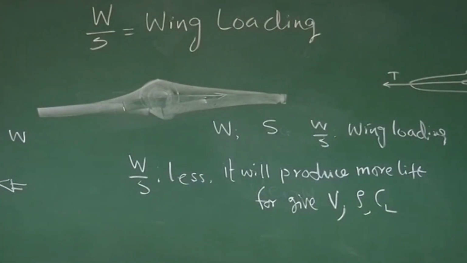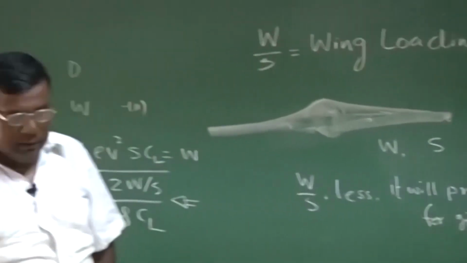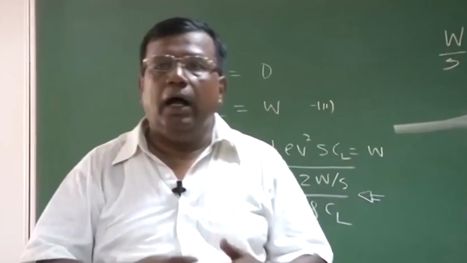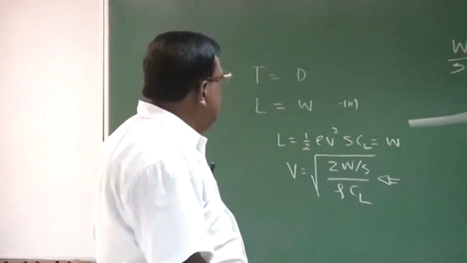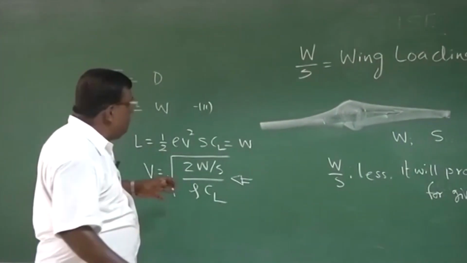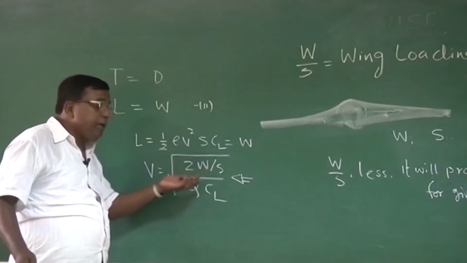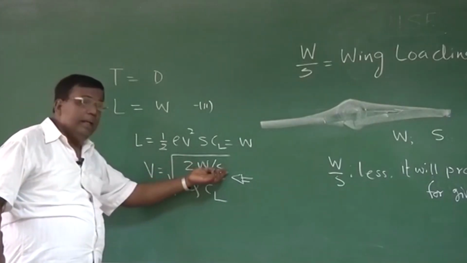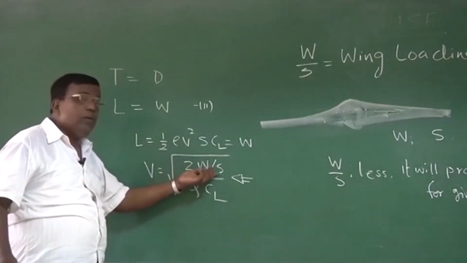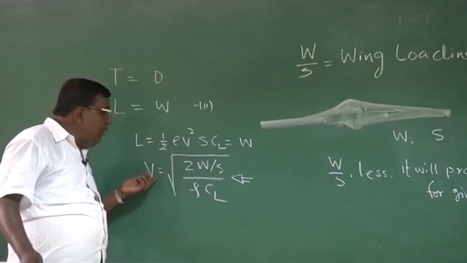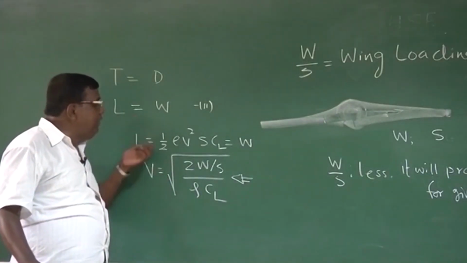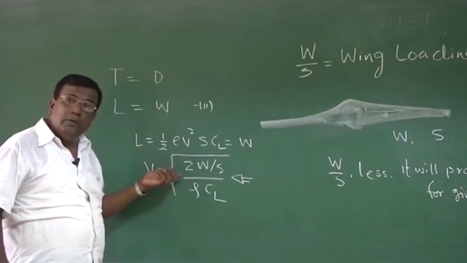So what is the utility of this wing loading ratio? Think typically of a glider. Gliders will have a larger wing area, so a smaller wing loading. I repeat, the glider will have a larger wing area for a given weight, so its wing loading will be less. That means the velocity required to balance lift equal to weight at a given altitude also will be less.